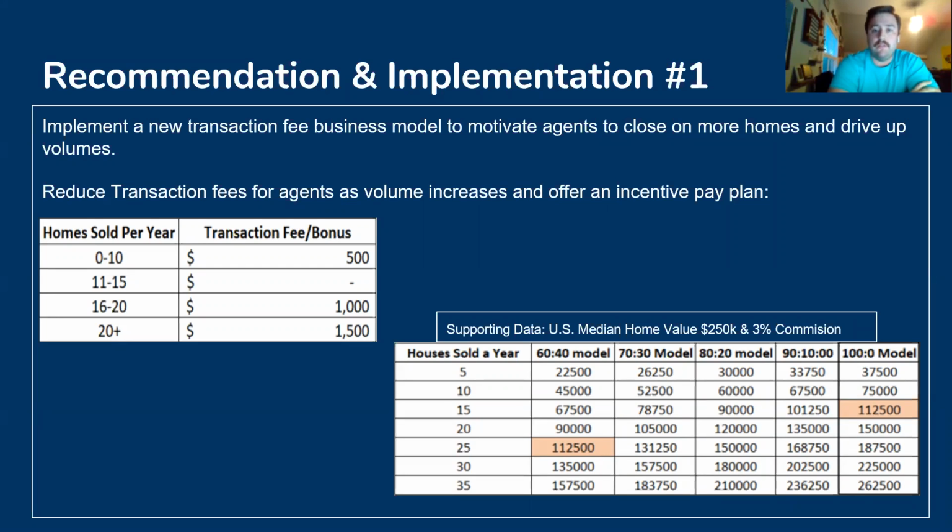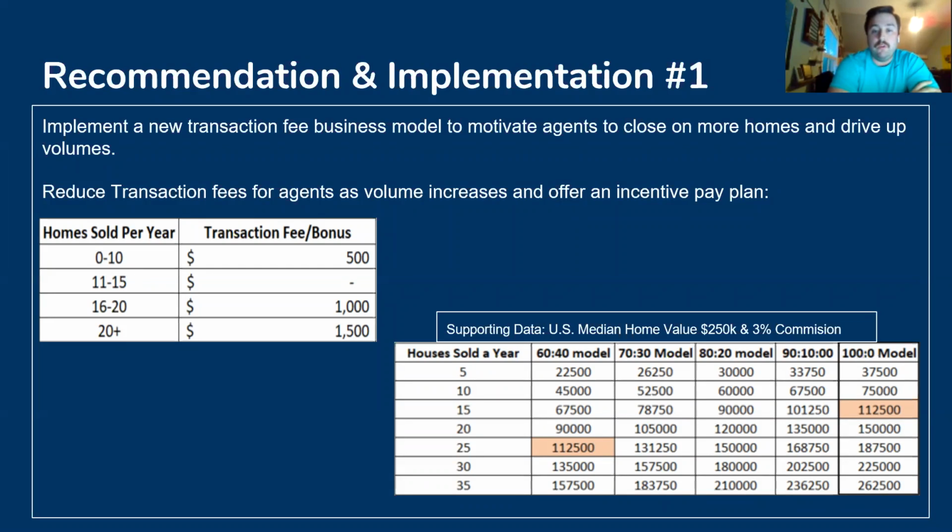So how do we counteract this complacency that can be caused? What we are recommending is that for the first 10 homes an agent sells, we will charge the standard $500 transaction fee. After the 10th home, for homes 11 through 15, the transaction fee will be waived.